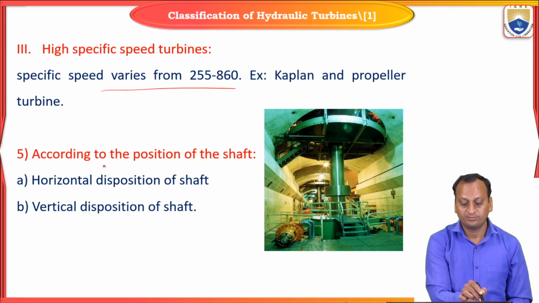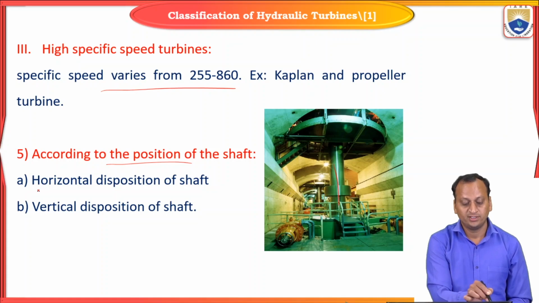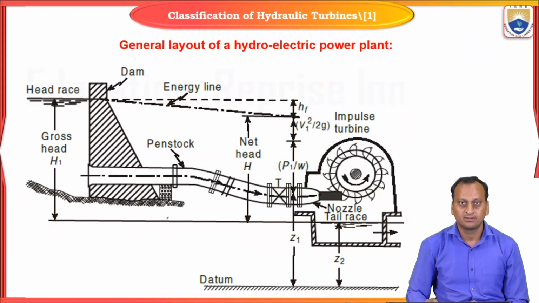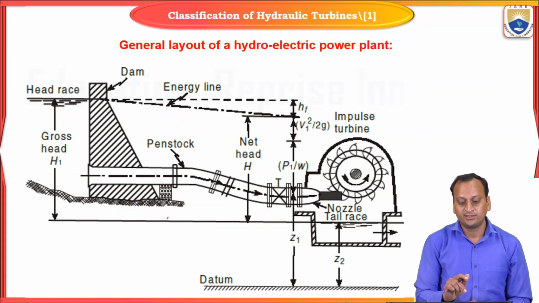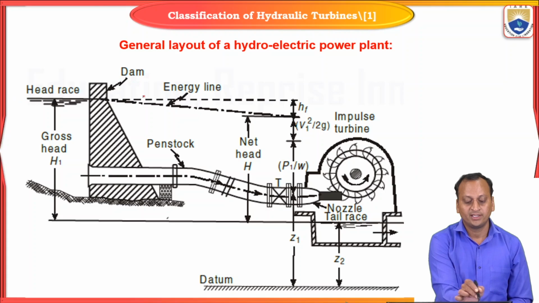According to the position of the shaft, there are two kinds of positioning: horizontal disposition and vertical disposition. In general, the layout of a hydroelectric power station has a reservoir against which the dam is constructed.